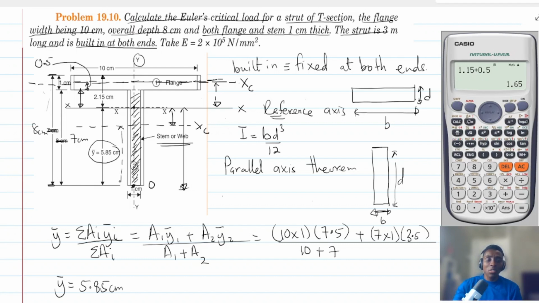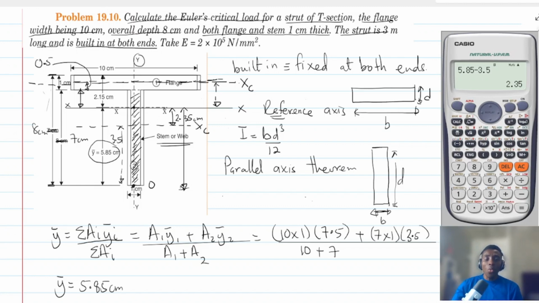So if this is 3.5, then what will be here? We just have to subtract 3.5 from 5.85, and if we do this, we will get exactly that distance. And that distance is 2.35. So essentially, this distance here is 2.35 centimeters.